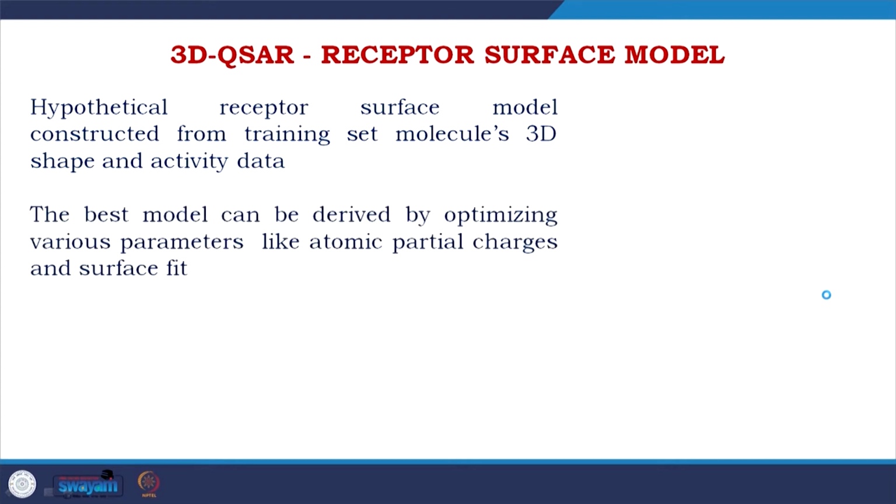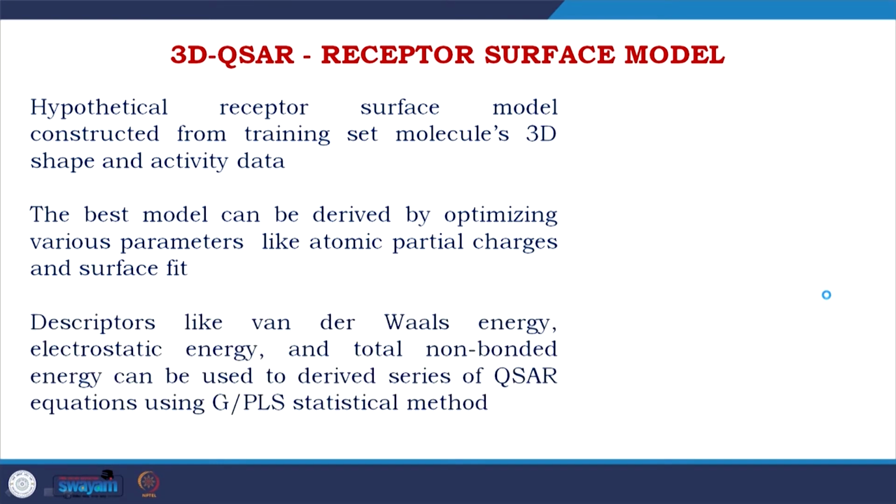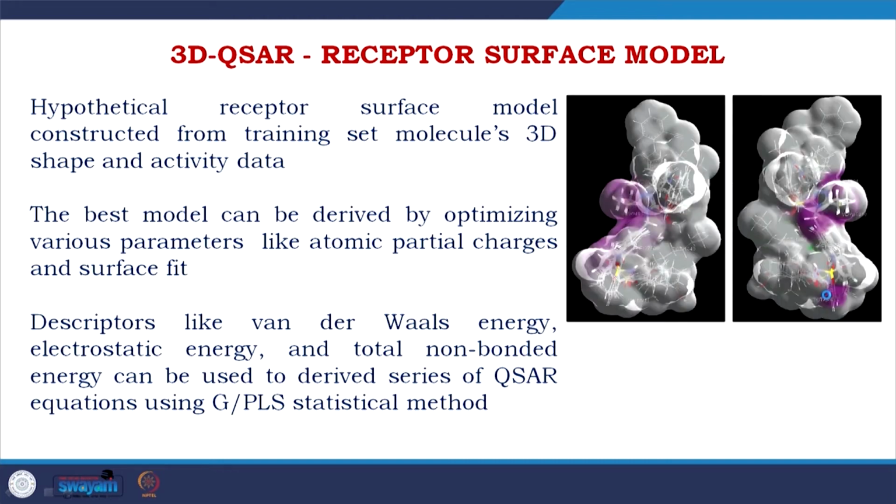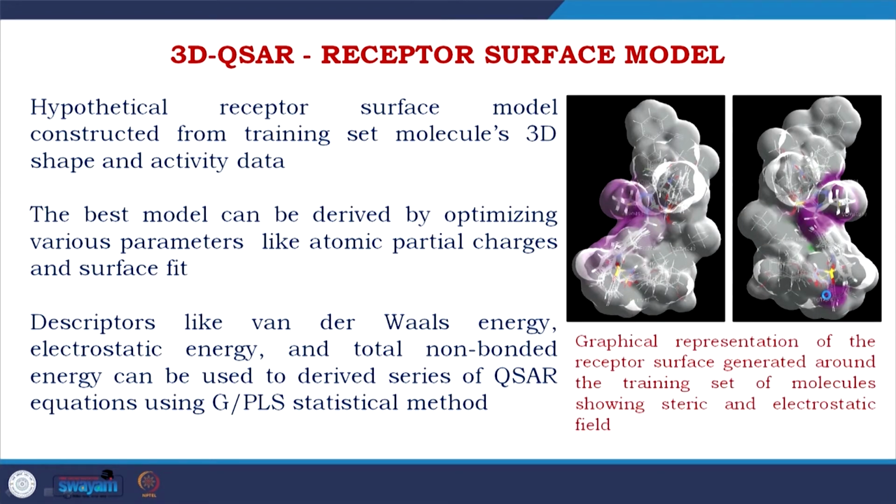The best model can be derived by optimizing various parameters like atomic partial charges and surface fit. Descriptors like van der Waals energy, electrostatic energy and total non-bonded energy can be used to derive a series of QSAR equations using the GPLS statistical method. And when you do that, you see this graphical representation of the receptor surface generated around the training set of molecules, showing steric and electrostatic fields.